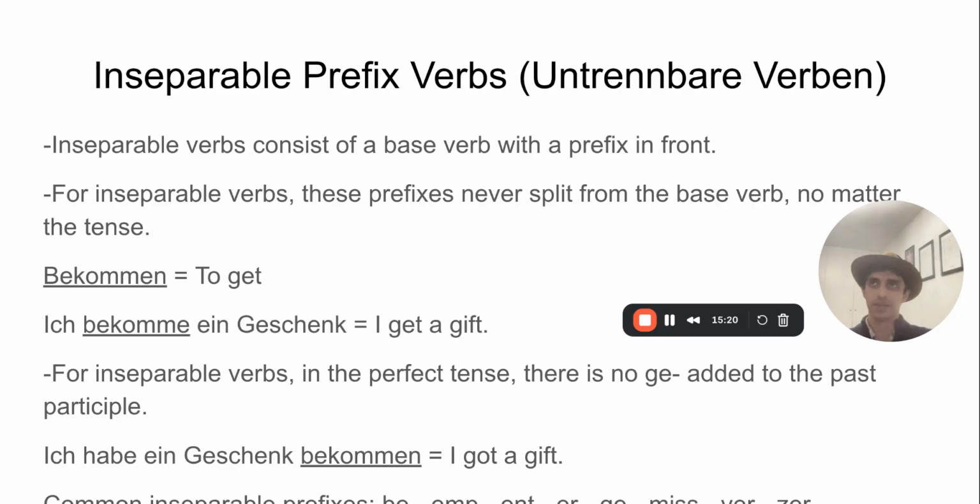The be, that inseparable prefix, has basically taken the place of the standard ge that normally comes at the beginning of German past participles. Okay, and the common inseparable prefixes are these ones: be, emp, ent, ge, mis, ver, and zer.